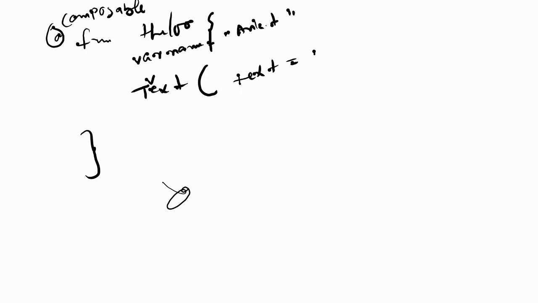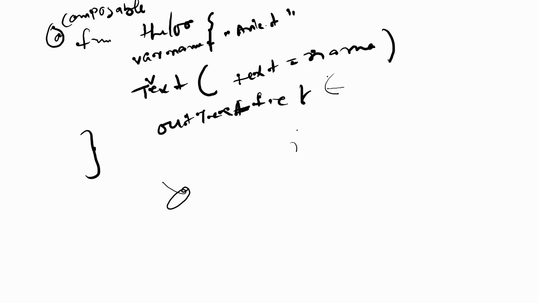This variable is added here as a name, and you have the outline text, the text field that I've been showing you. For example, in outline text, there is a callback.